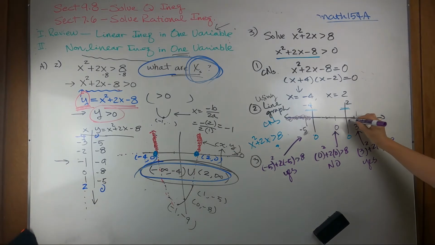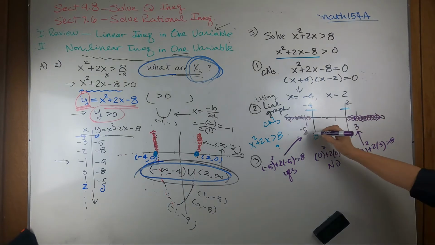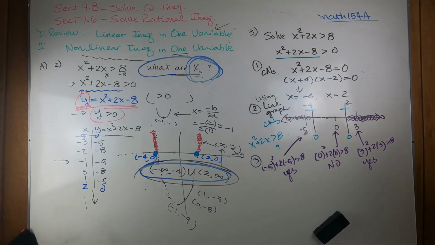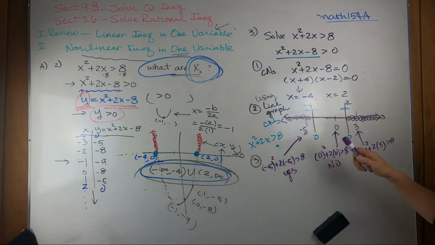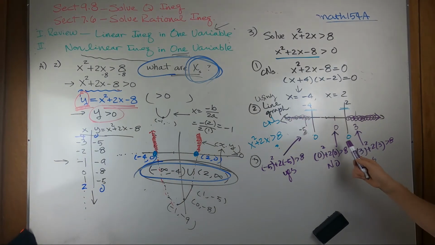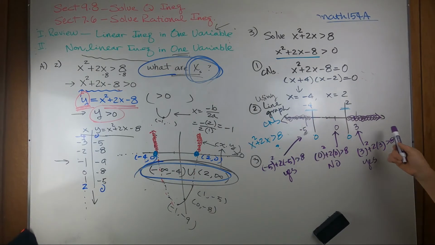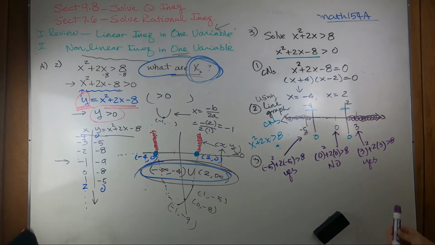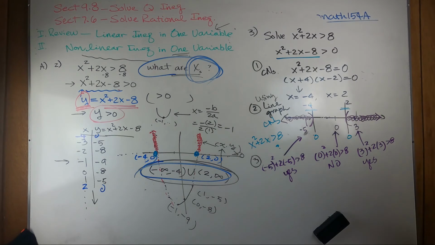So in this region, everything will work. Critical numbers separate all those regions because it's 0. One side is bigger than, one side is smaller than, right? So this part will work, this part will work.